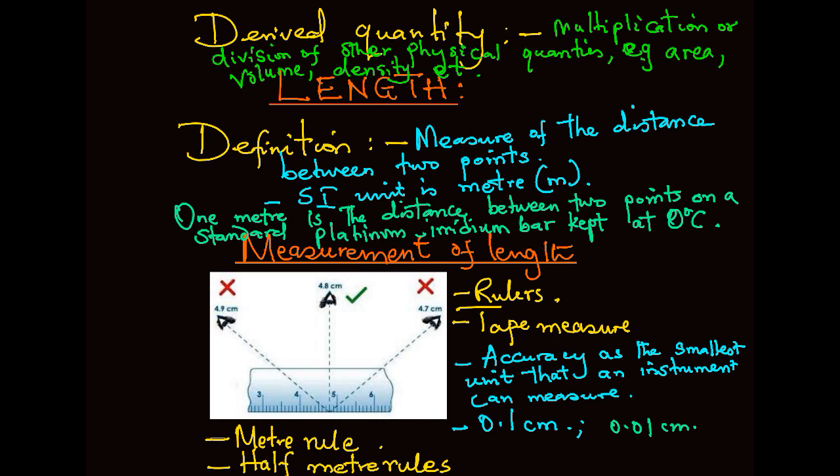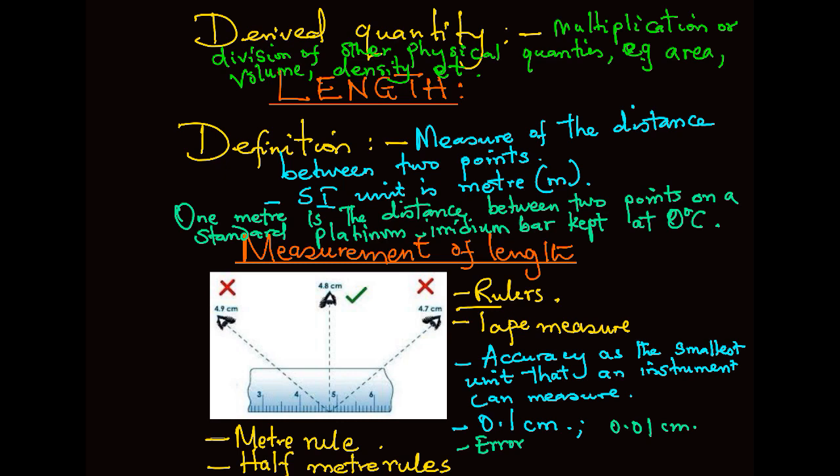When taking measurements using these devices, we must always try to avoid the zero error or generally errors. Errors in measurements arise from poor placement of the eye while taking the reading.